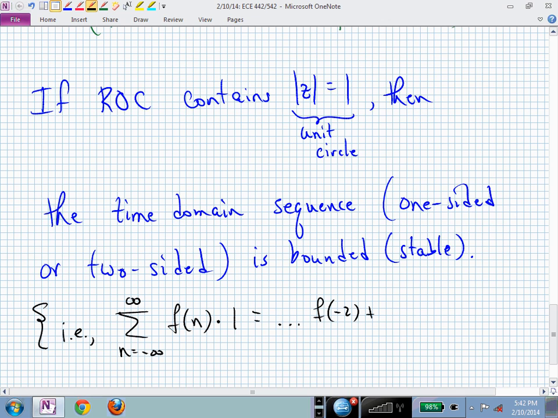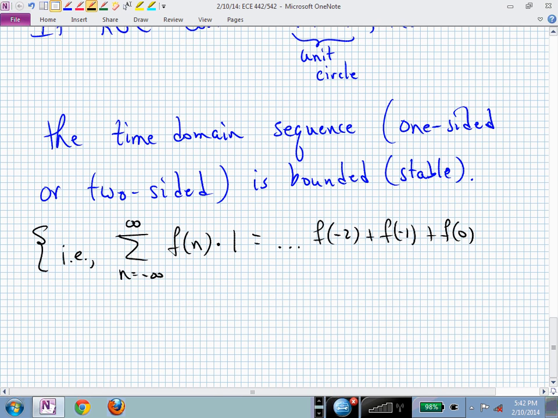Let's just pick one point right on the unit circle. Then we know that all of these time values, f of minus 2, f of minus 1, f of 0, plus f of 1, when summed together, since this is just the expansion with z raised to the minus n, z raised to the minus n is 1, and all of those basically collapse to 1. This sum is bounded or finite.